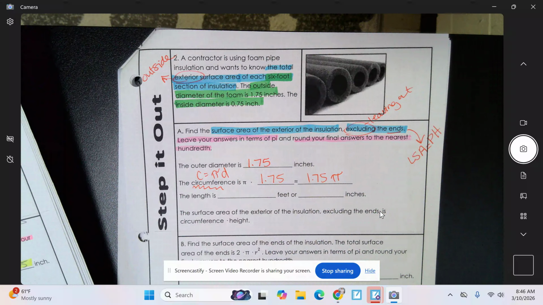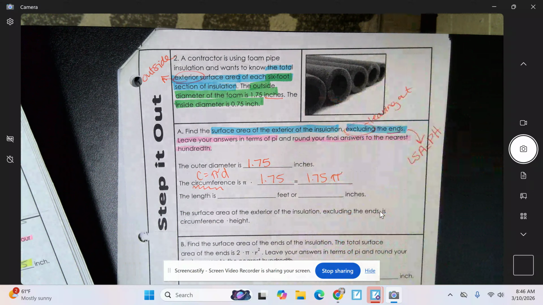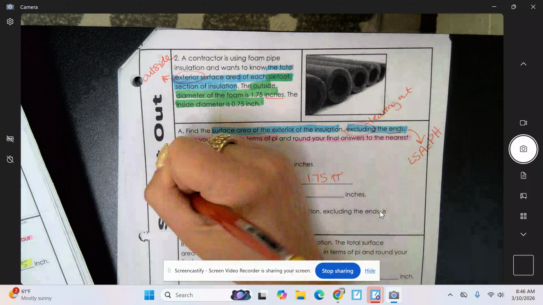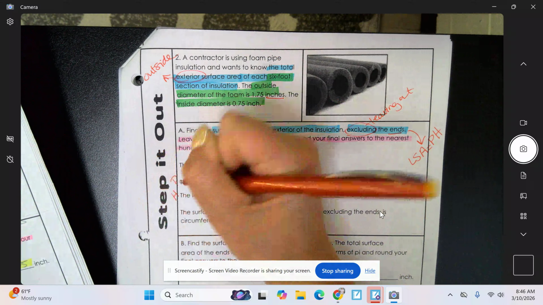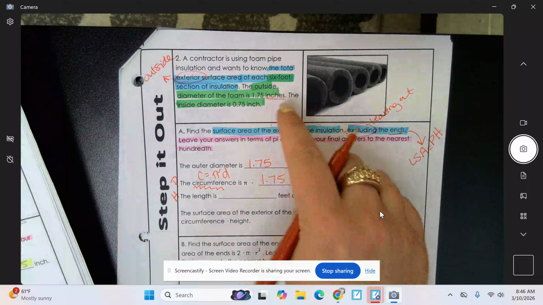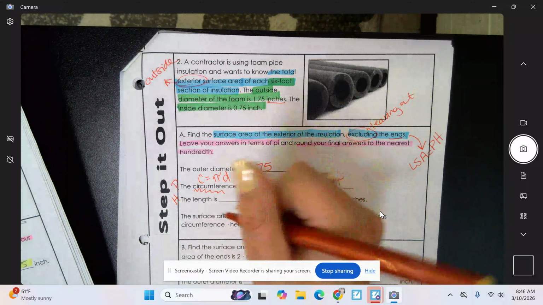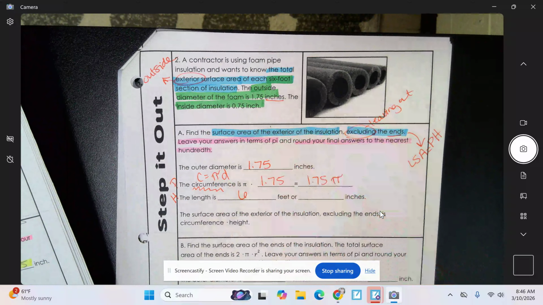Our diameter is measured in what? Inches. Okay? The length of our cylinder, or the height, so this is my P, this is my height. How long do they say it was? The real thing, not this one, but the real thing. 6 feet. But because our diameter is in inches, we also need our length in inches.